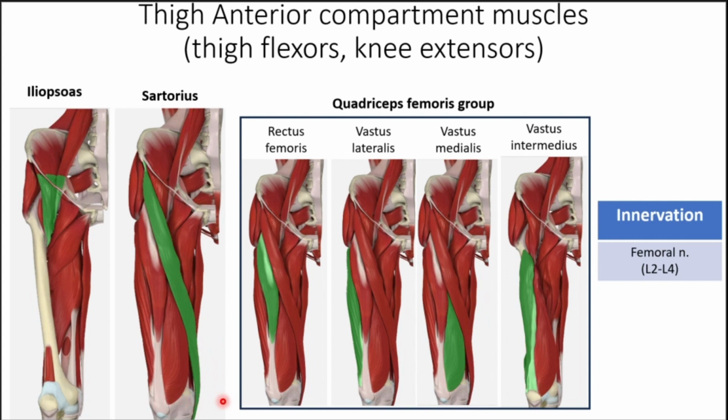Lastly, the quadriceps femoris muscle group includes the rectus femoris, the vastus lateralis, vastus medialis, and vastus intermedius. All act to extend the knee due to their united insertion onto the patella.